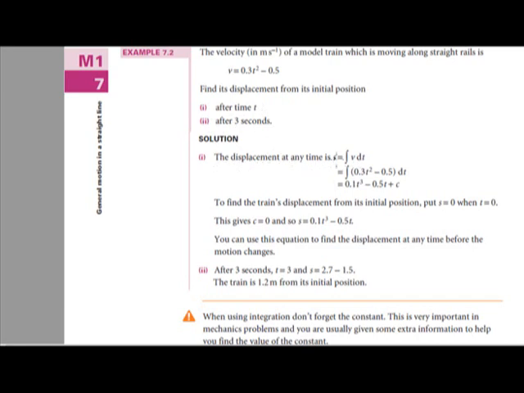The displacement at any time t is s = ∫v dt. Because integration is the reverse of differentiation, we bring our function down.